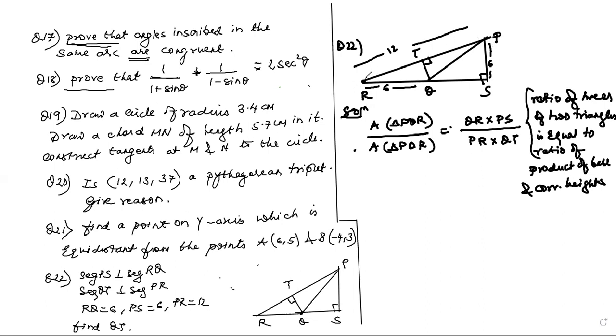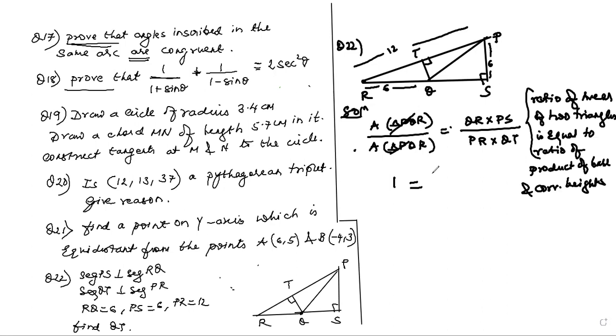And when PR is the base, QT is the height. The base and height are given, but for the other base the corresponding height is asked. So I use the area of the triangle, base into height. Area of triangle PQR upon area of triangle PQR, which gets cancelled, is QR base into PS height upon PR base into QT height. So this equals 1.